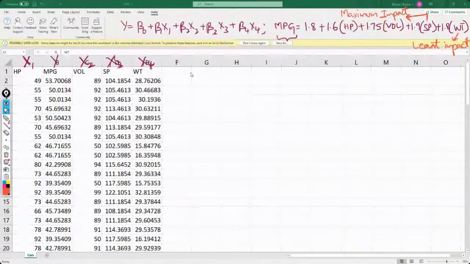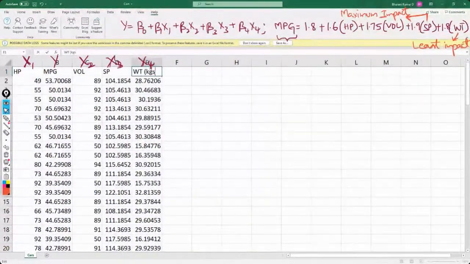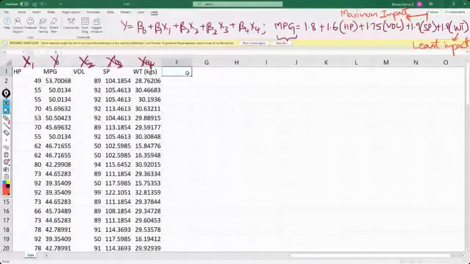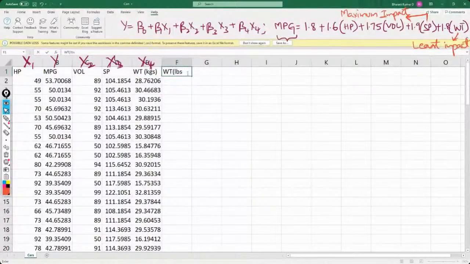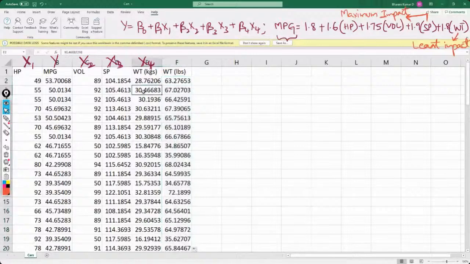Why? Because say we are measuring the weight here in kgs. Assume now I measure weight in pounds. The weight of the vehicle is the same, I'm just trying to measure it in pounds. So if you multiply this with 2.2, 1 kg is equal to 2.2 pounds, 30 kgs is equal to 67 pounds, because you multiply each kg by 2.2 to get the units in pounds.